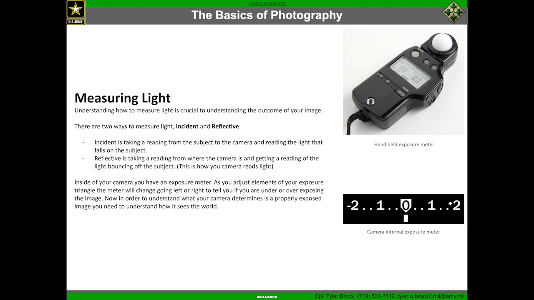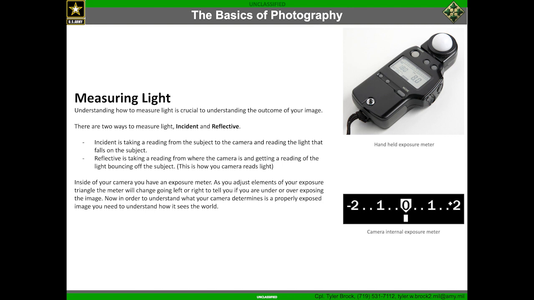And you can measure this in two different ways. You have incident and reflective. Incident is taking an exposure reading from the subject to your camera, and then a reflective is taking an exposure meter reading from your camera to the subject. So the incident reading is measuring light that is falling on the subject, and your reflective is measuring light that is bouncing off of your subject.